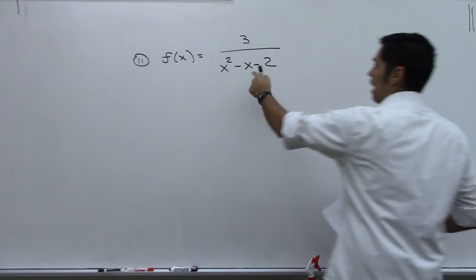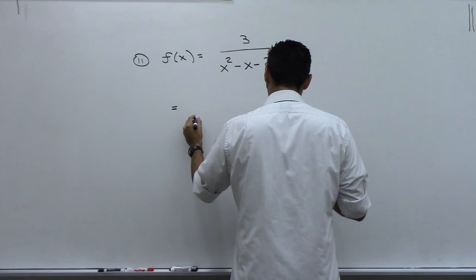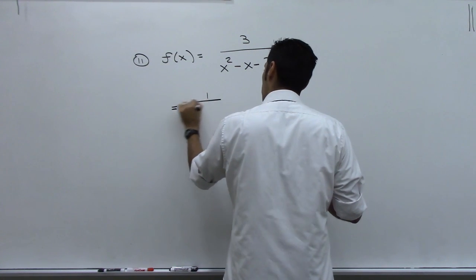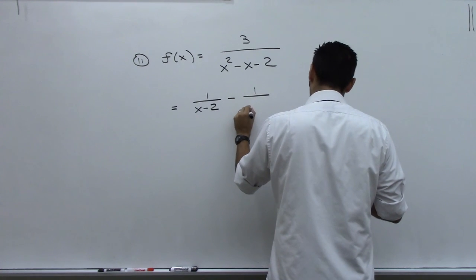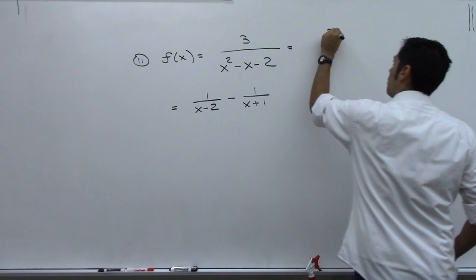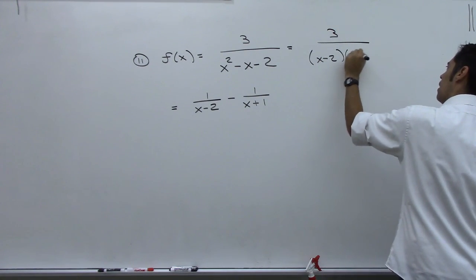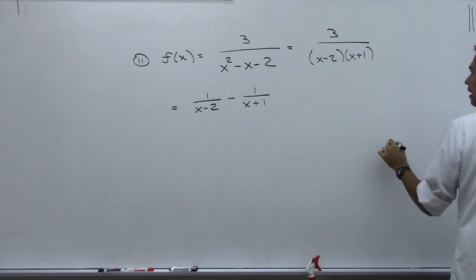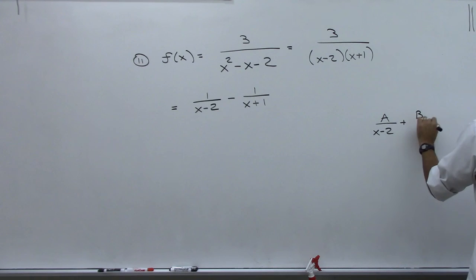If you do partial fractions on this, which I'm not going to show, you can rewrite that function as 1 over x minus 2 minus 1 over x plus 1. So what you're doing is you're factoring the bottom, x minus 2 times x plus 1, and then saying that that's equal to a over x minus 2 plus b over x plus 1.